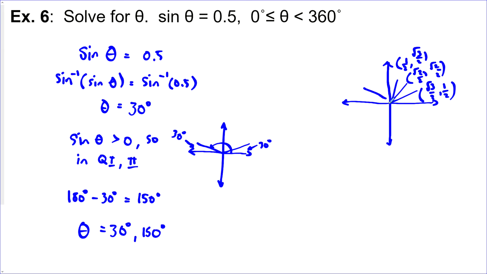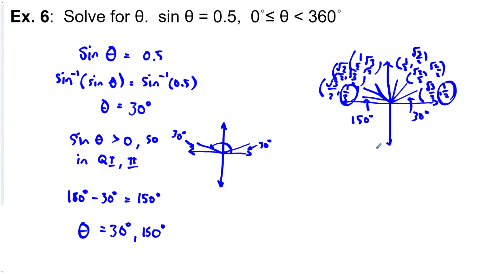And then same thing on this side. So these go down the other way, 1, 2, 3, 1, 2, 3, take the square root, divide by 2, and we can see that sine is also 1/2 right here and here. So 30 degrees and 150 degrees from your unit circle.